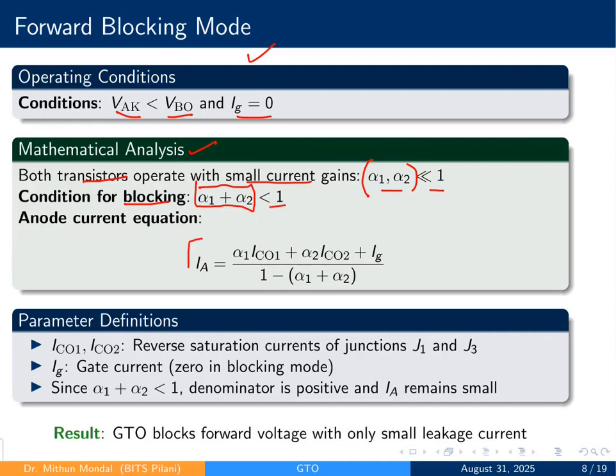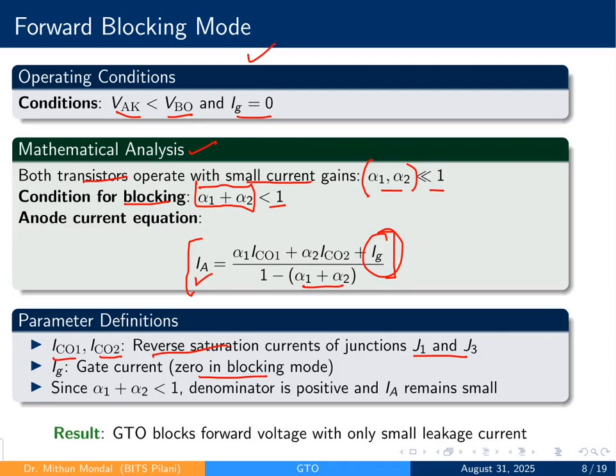Now the equation of anode current that we can get from the two transistor model depends upon the reverse saturation currents, which are IC01 and IC02, and it will be having the current in the junctions J1 and J3. The gate current IG is 0 in the case of the blocking mode, and here you have the anode current, which is expressed in terms of the current gains alpha 1 and alpha 2.